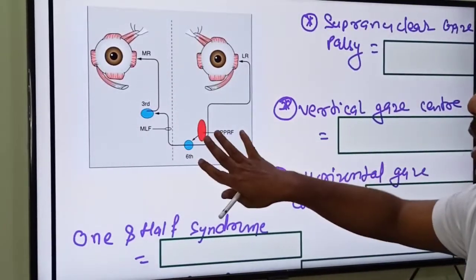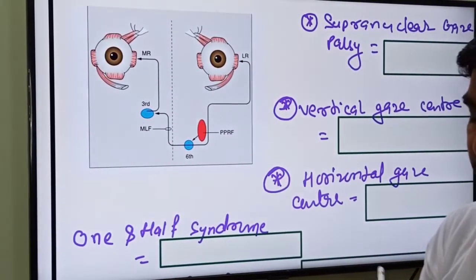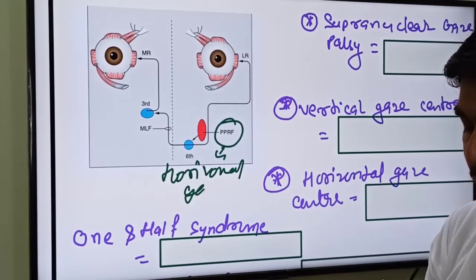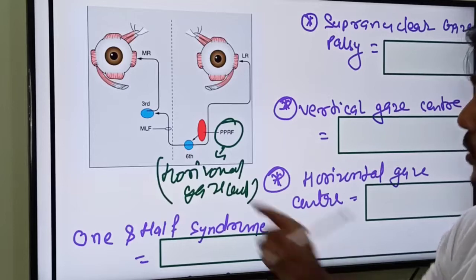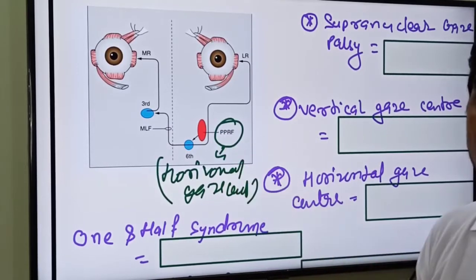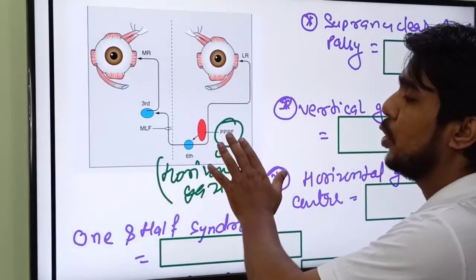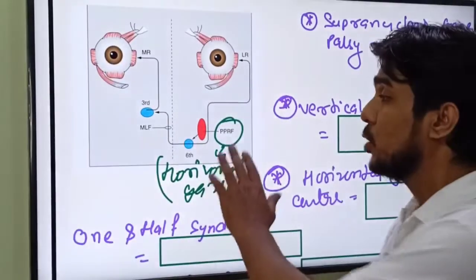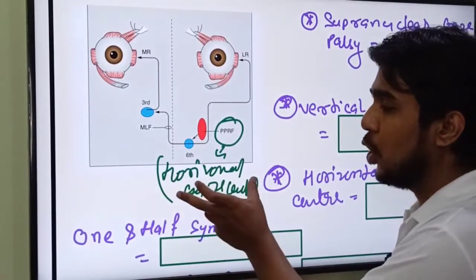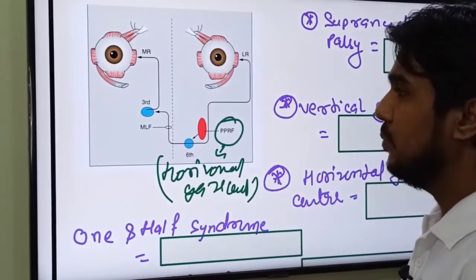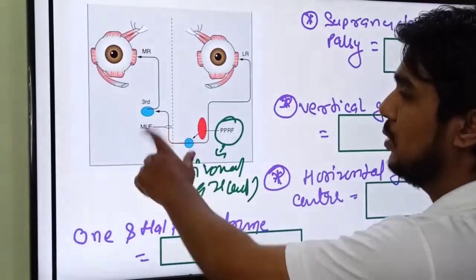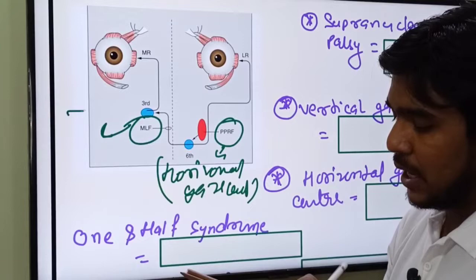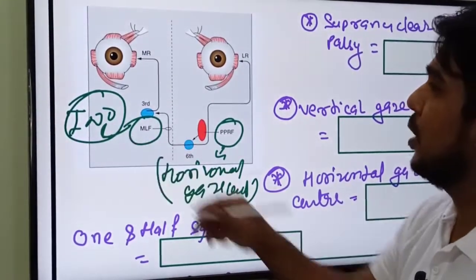This is PPRF, the parapontine reticular formation, which is nothing but the horizontal gaze center. If this is involved, then we have internuclear ophthalmoplegia.